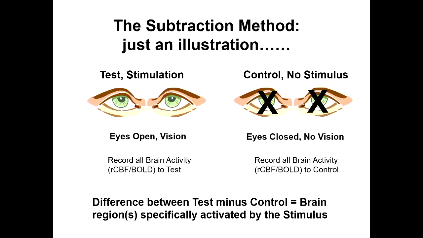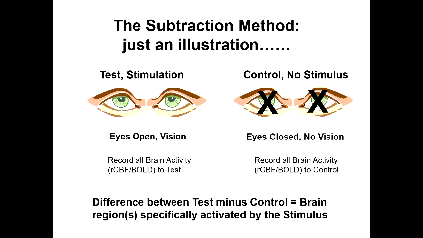Just to give you an indication of how these functional approaches work, and this is just kind of an illustration. Say you wanted to find out what part of the human cerebral cortex was particularly concerned with visual function. Okay?